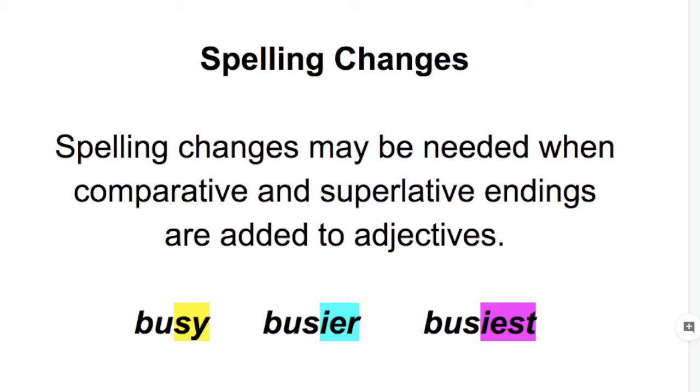S-Y. S is a consonant. We know that because our vowels are A, E, I, O, and U. So if it's not one of those, we know it's a consonant and then a Y. So before adding ER, of course, you have to change that Y to an I and then add the ER. If it's superlative, you're going to change that Y to an I and then add EST.